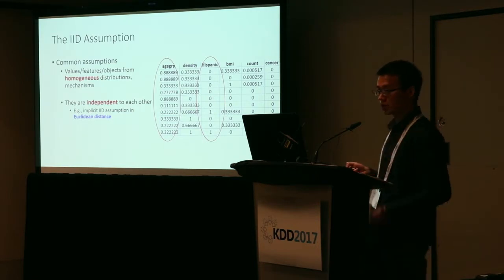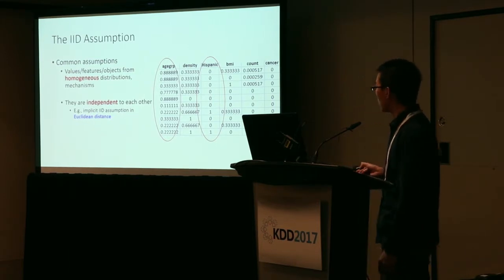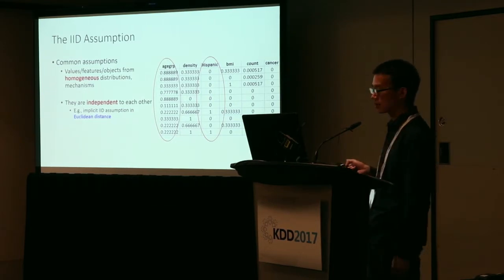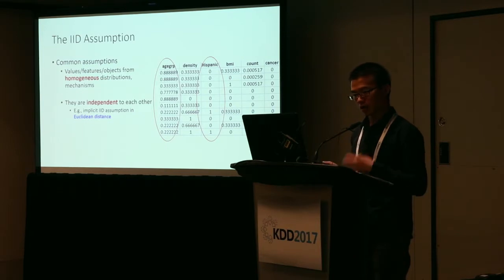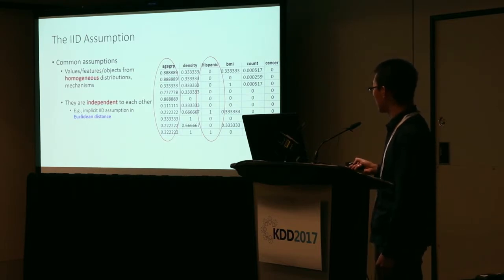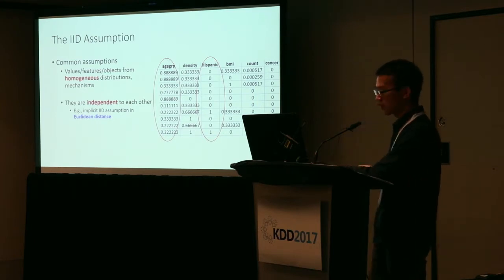So they may assume that either the values or the features or objects come from homogeneous distributions or mechanisms, and they also implicitly assume independence between these entities. So you can see the example here. The distribution is very different, but the traditional one does not consider such kind of heterogeneity.